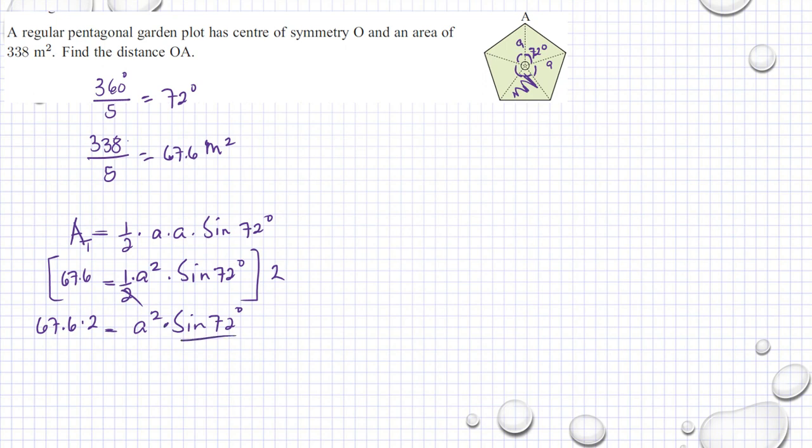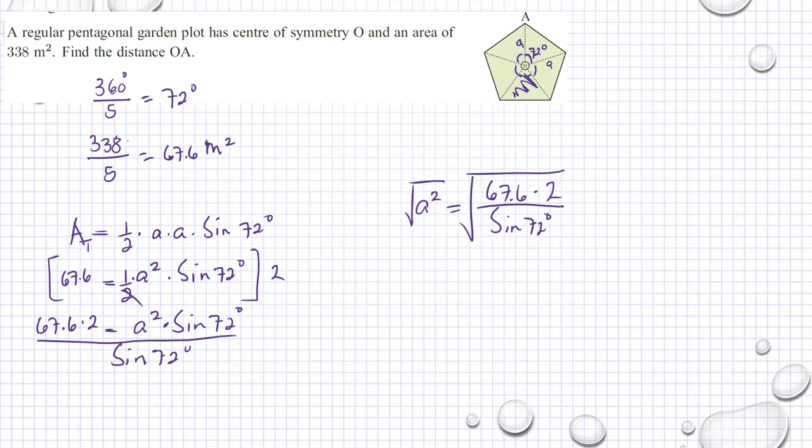And then if we divide both sides of the equation by sine 72 degrees, we have A squared equal to 67.6 multiplied by 2 divided by sine 72 degrees. And then we'll take the square root of both sides of the equation, and we have A.